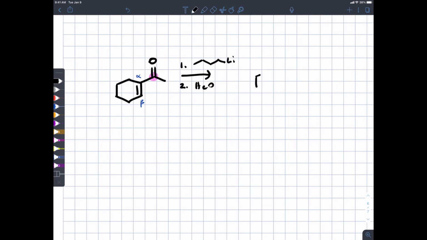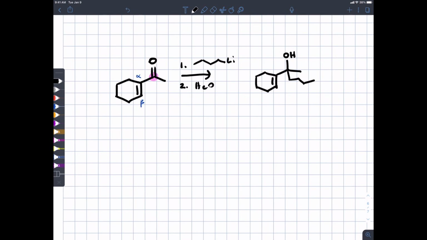The reason it adds to the carbonyl carbon has to do with what I told you before about organolithiums and Grignards being strong, hard nucleophiles, and that's an explanation that derives from some more OChem that we're not going to talk about. So this will be a memorized detail that you attack at the carbonyl carbon.